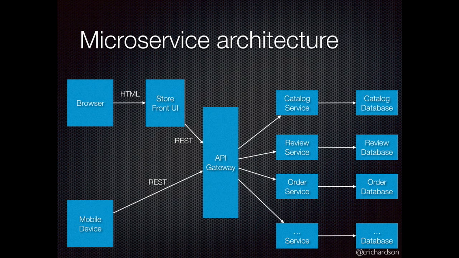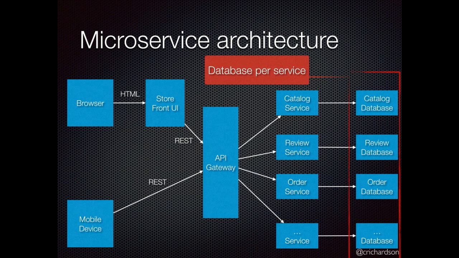It turns out there are lots of moving parts. But the key part of this is that your business logic is now implemented by a set of services which can be independently developed, tested, deployed, and scaled. And then in order to ensure that those services are loosely coupled, each service has its own private database.